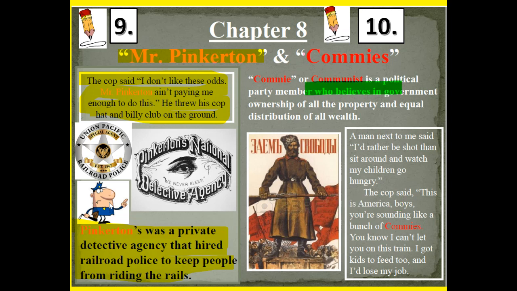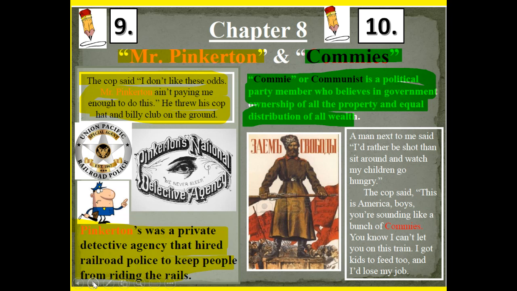And here is commies, number 10. So make sure for number 9 you have Mr. Pinkerton. A synonym could be detective agency or police. And then number 10 is commies. C-O-M-M-I-E-S, commies.